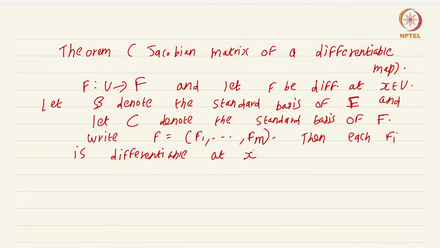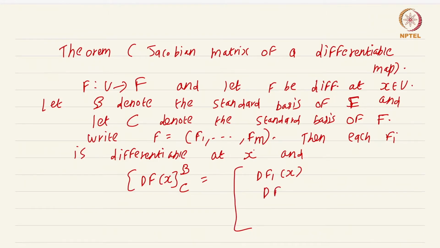So then each fi is differentiable at x, and the matrix of dfx, the matrix of the linear transformation with the basis B on the domain side and the basis C on the codomain, so the standard basis, is nothing but gradient of f1 at x, gradient of f2 at x, dot dot dot gradient of fm at x.